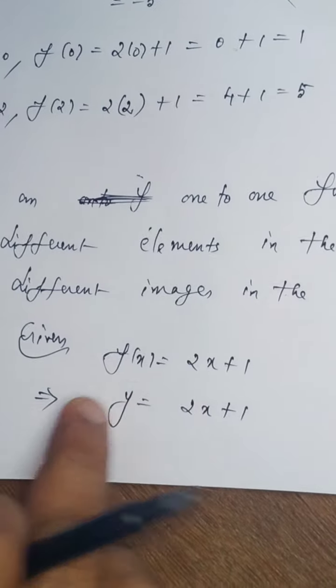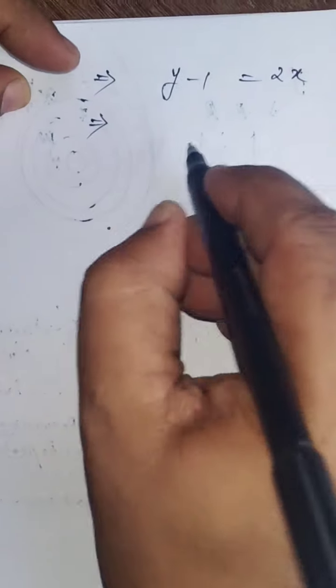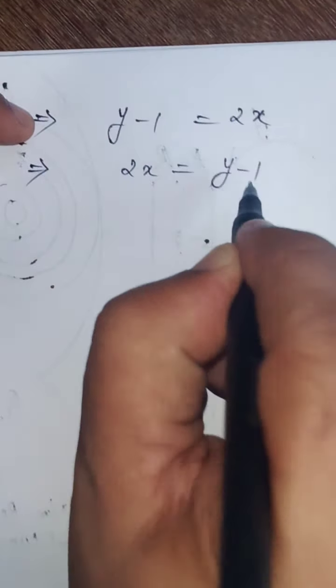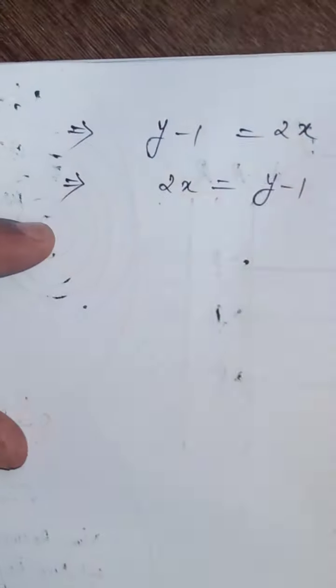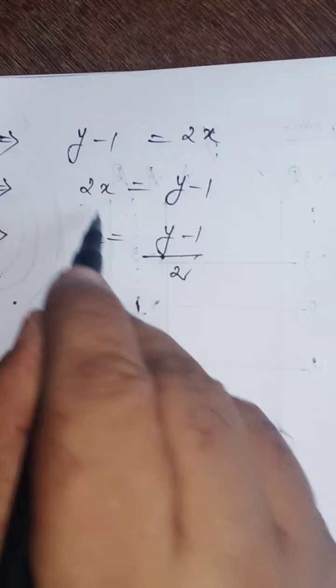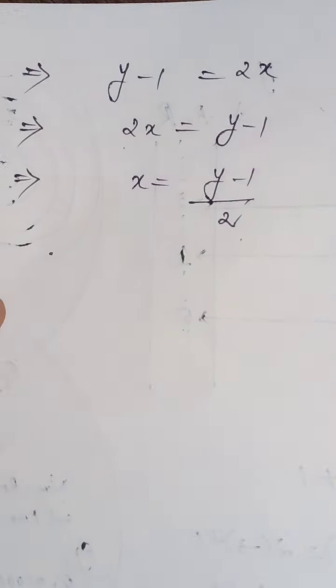I have taken plus 1 to the left hand side. Interchanging LHS and RHS, 2x equals y minus 1. I am going to find x, that is equal to y minus 1 by 2. The 2 comes to the denominator.